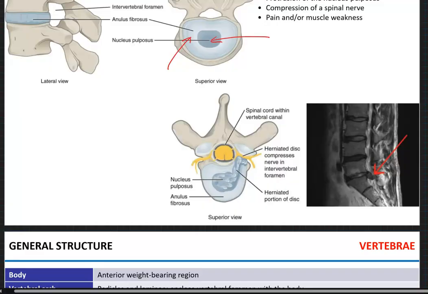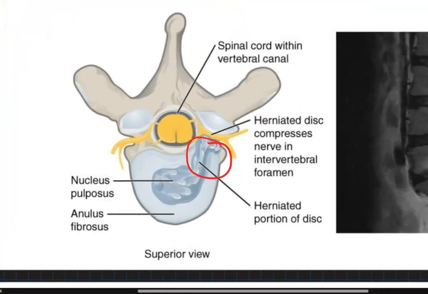Now, while intervertebral discs are very good at reducing, amortizing the vertical pressure, they're not very good at resisting lateral movements. So sometimes an intervertebral disc can become herniated.